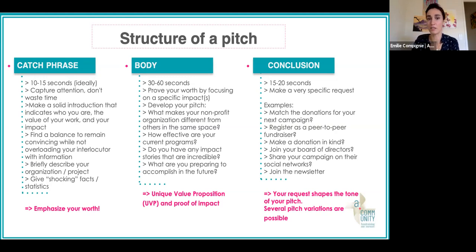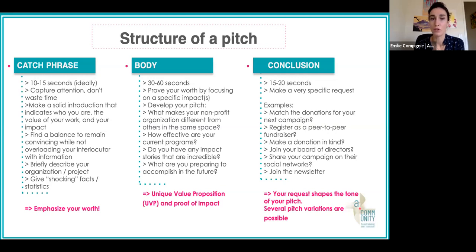Then you have the body. This is where you will really develop your argument. It's a little bit longer, about 30 to 60 seconds, and this is where you will prove your worth. We were talking just before about the unique selling point, which is the unique value proposition as well. It's what makes you different. What makes you able to solve this specific problem, or have a methodology that will bring a change, that will have an impact in the world?